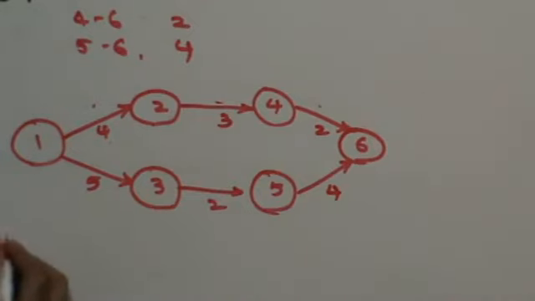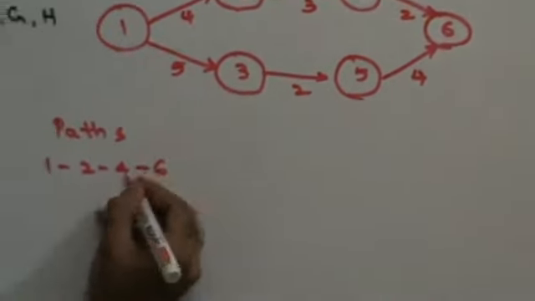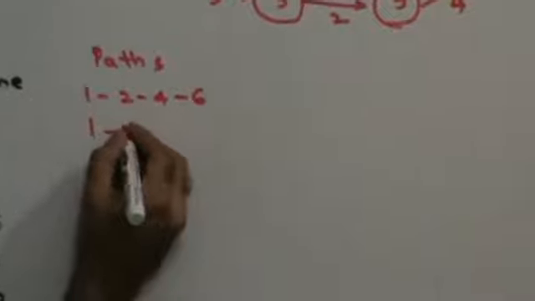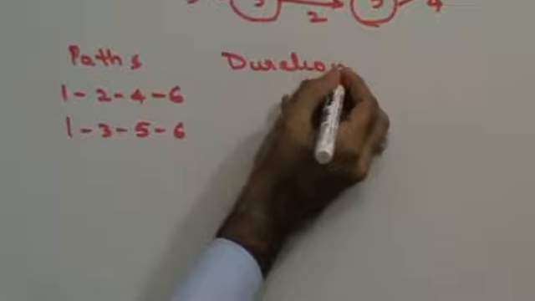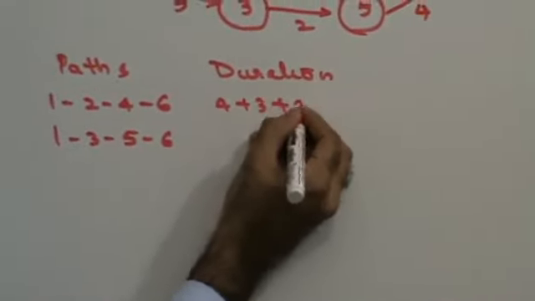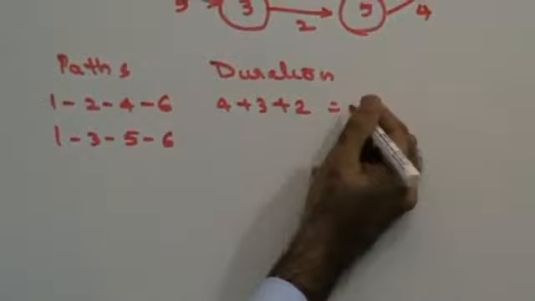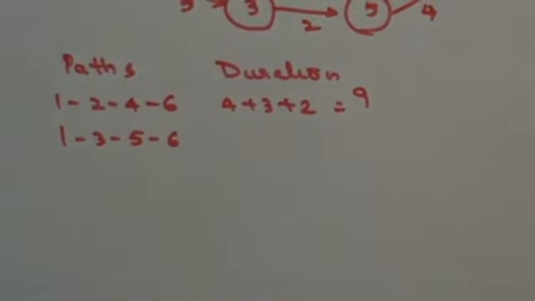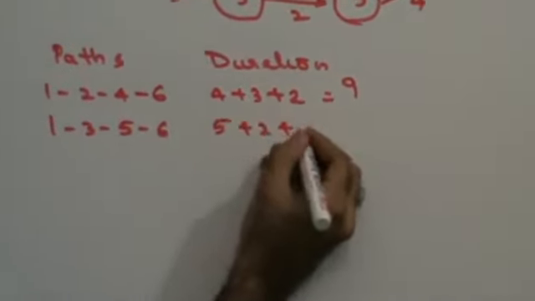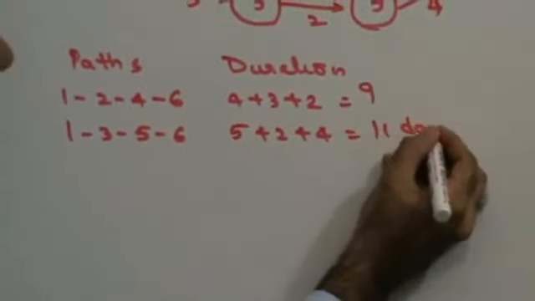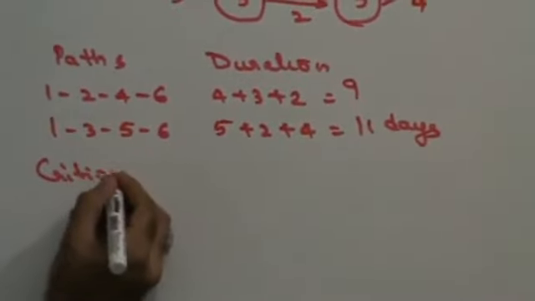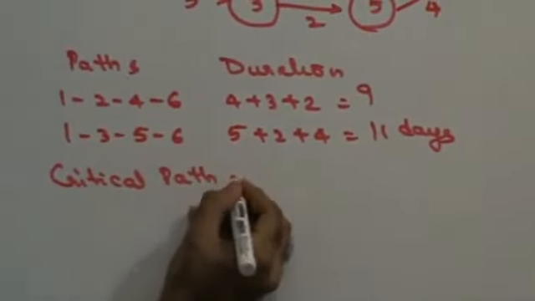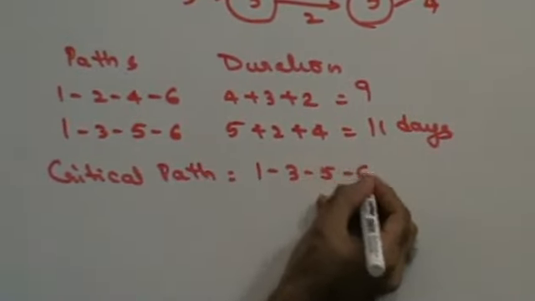What are the various paths I have? 1, 2, 4, 6. Other path I have is 1, 3, 5, 6. Only 2 paths. Duration 4 plus 3 plus 2, that is 9 days. Or I have 5 plus 2 plus 4, 11 days. So my critical path is going to be 1, 3, 5, 6.